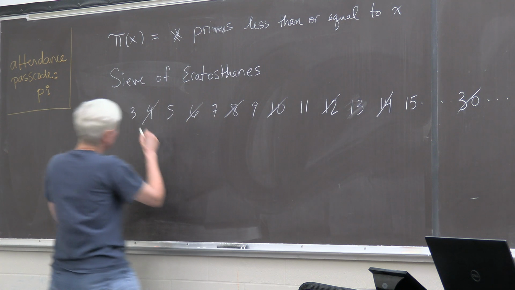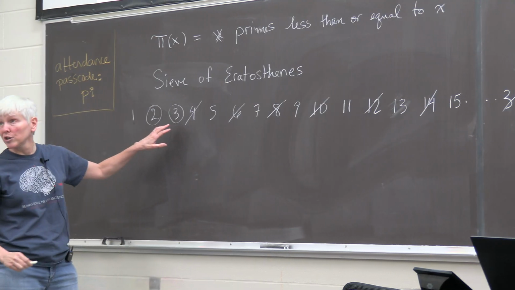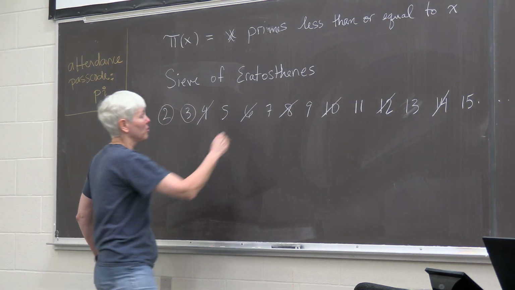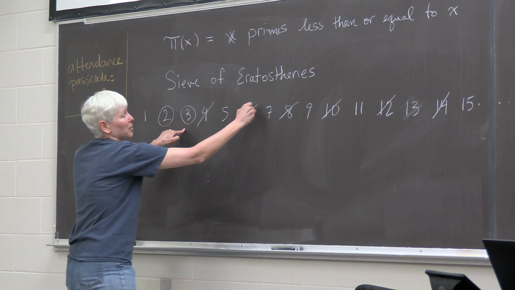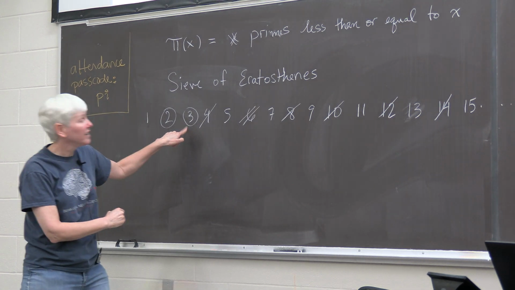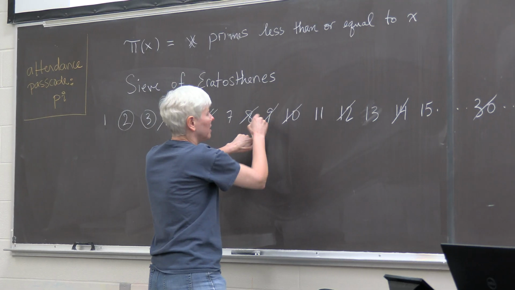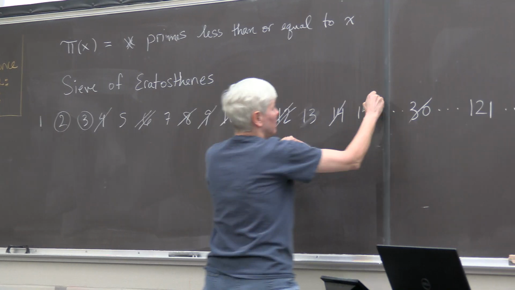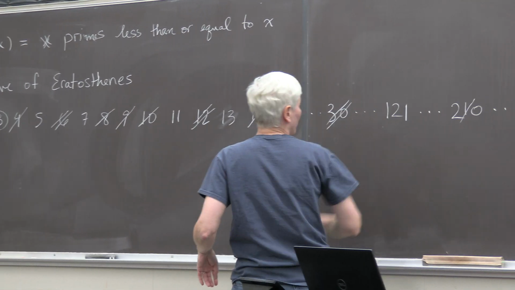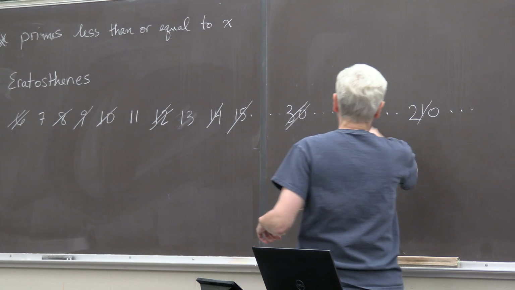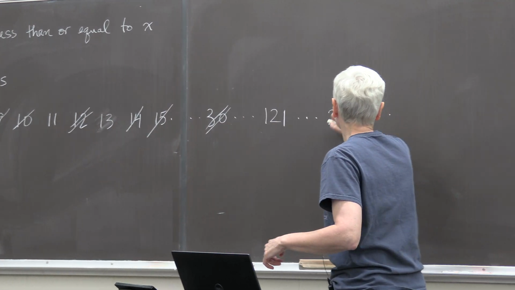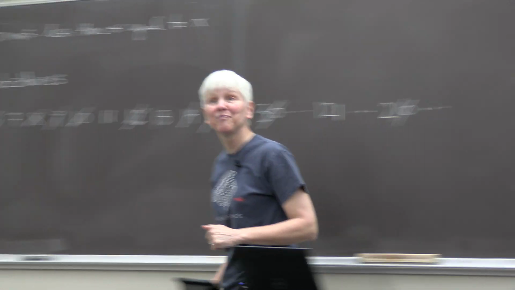And then that means 3 has to be the next prime number, so you strike out all the multiples of 3. Now that's going to be a 6, so I'm going to strike it out twice, and 9, and 12, and 15, 30. Let's see, 2, 3, 4, not a multiple of 3. 2, 3, a multiple of 3. Okay?